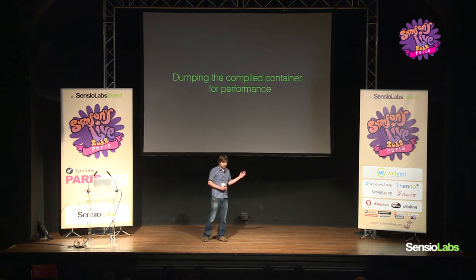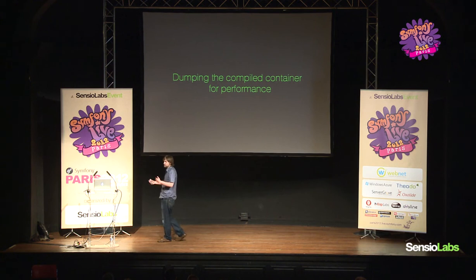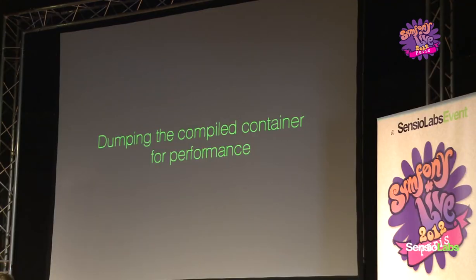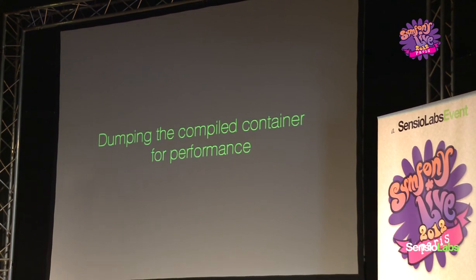And then the compilation process takes all that complexity and really simplifies the container to make it more efficient for you. So this is done by the other compiler passes, the ones that are registered automatically, so that when you're actually using it, when you're requesting services from it, it's fast, it's really efficient, even though it had all these additional features and complexity.